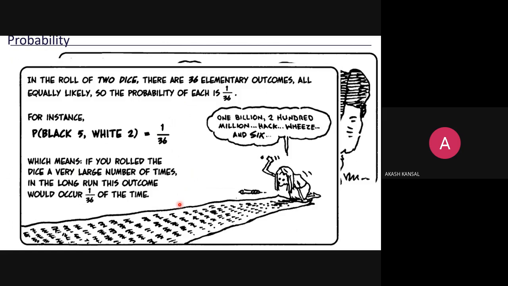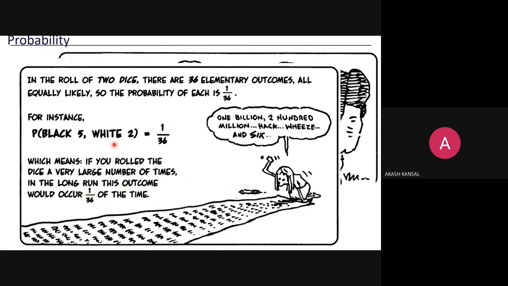If we rolled it 3,600 times, then this outcome, black 5 and white 2, would come exactly 1/36 of the time. So if we roll 3,600 times, it would come 100 times. We would see black 5 and white 2 100 times. That is what we actually mean by probability.